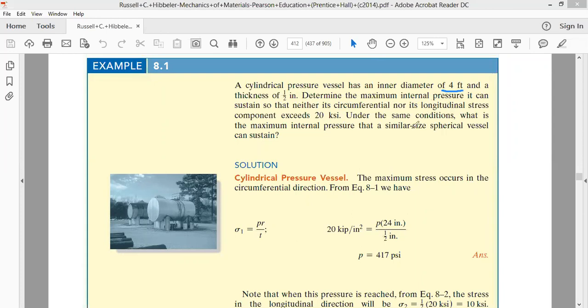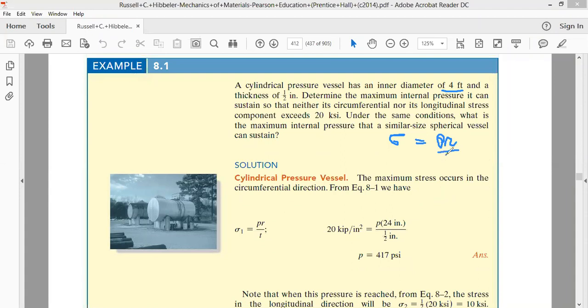Determine the maximum internal pressure it can sustain so that neither its circumferential nor its longitudinal stress component can exceed 20 ksi. In case of a cylindrical pressure vessel, sigma is equal to PR by t.